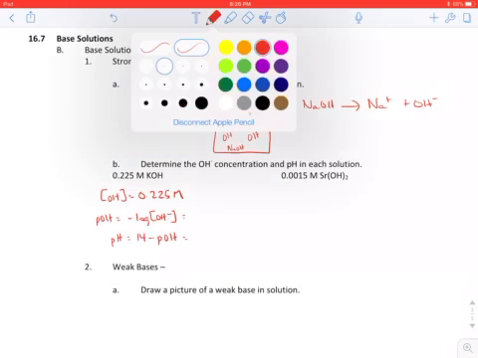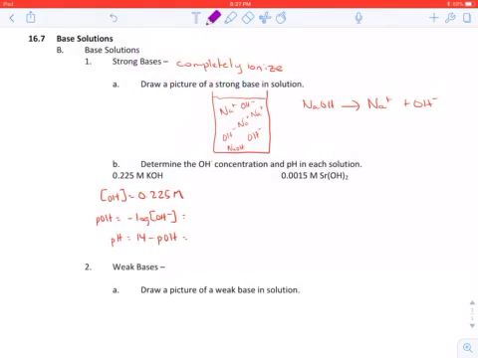So let's go ahead and plug these babies in. So we're going to take the negative log of 0.225, and that should give us 0.648, and that's our pOH. So then all we have to do is subtract that from 14, which should give us 13.352.